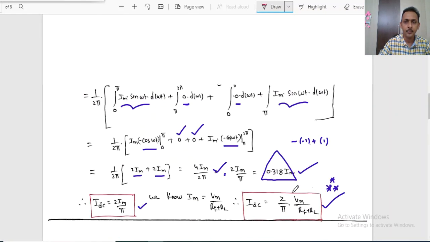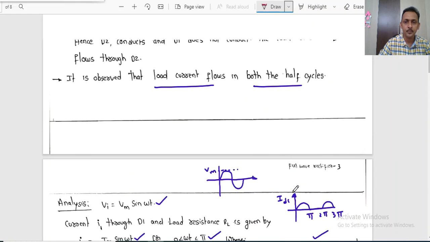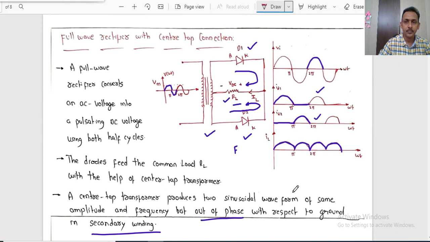These are all the important points, and the main thing is that in a full wave rectifier during positive half cycle diode D1 is conducting and during negative half cycle diode D2 will be conducting. At any point of time the current through the load resistor will be existing within the limits, whether it is 0 to pi or pi to 2 pi, right?